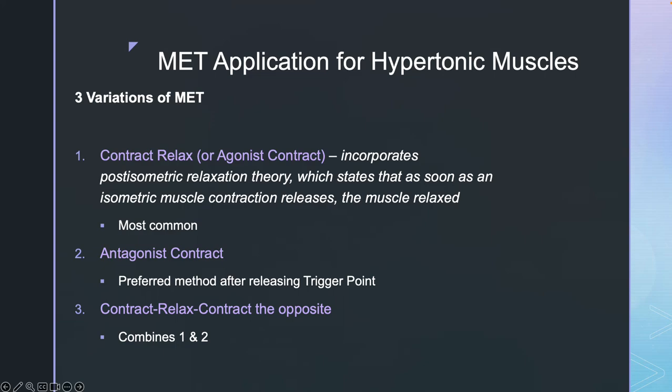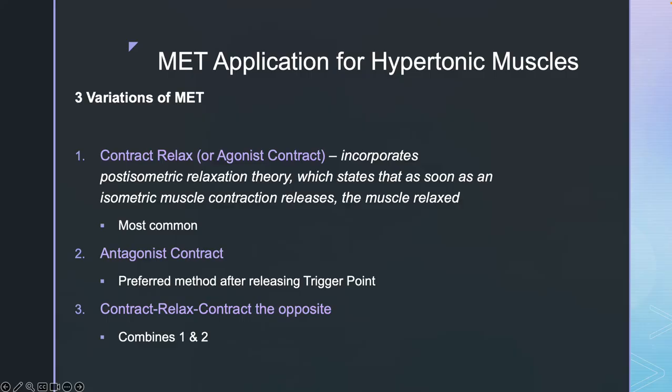And the legs are so good. It's all so good. All right, antagonist, contract. Again, this is when you contract the opposite muscle that you're trying to release. So say you want to relax the hammies, you engage the quads. This is the preferred method after a trigger point release.